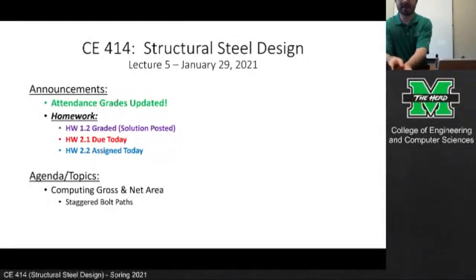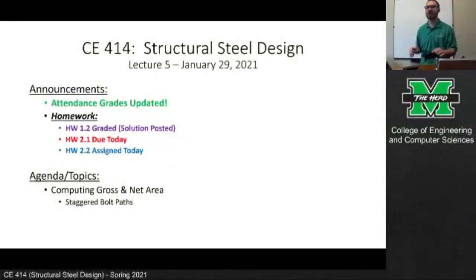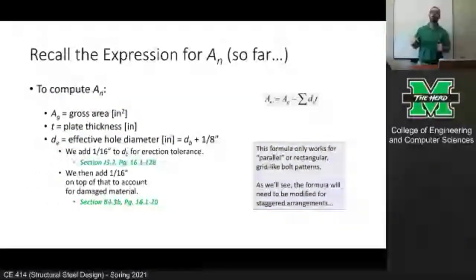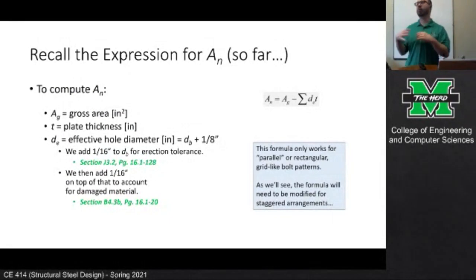What we did last time was we assessed gross and net area for paths that were what I call parallel. And parallel maybe isn't the best adjective, but grid-like patterns is what I'm talking about. And so if you remember, we had developed a rough conceptual formula for the net area.